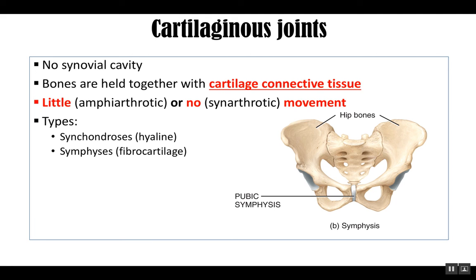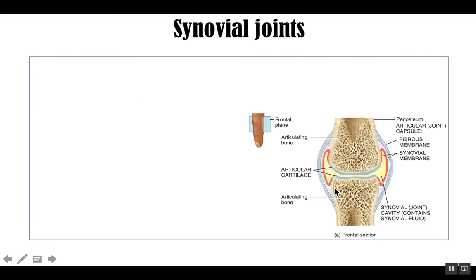We're really going to focus on the symphyses. We've heard of one known as the pubic symphysis, which is found holding the two pubic bones together anteriorly. So this is a piece of fibrocartilage which is actually holding these two bones together.